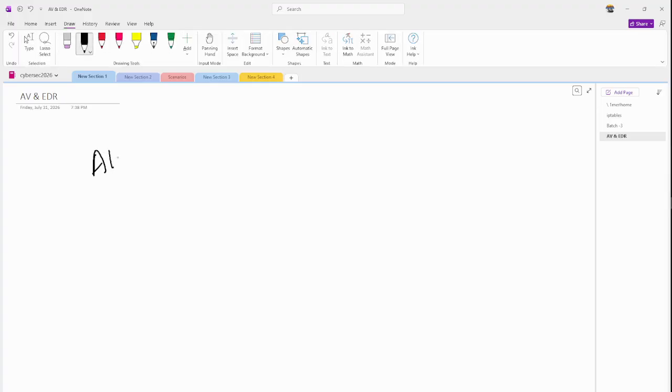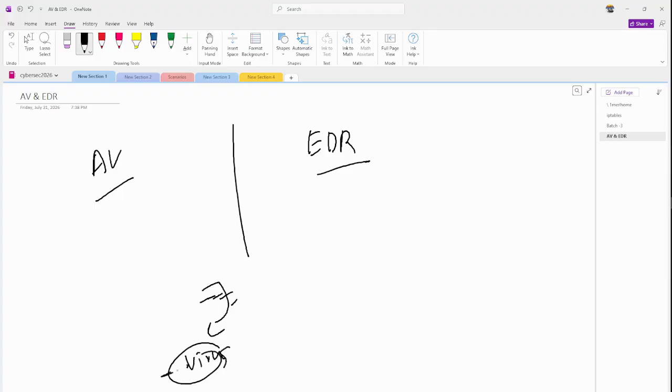Antivirus is already running here, scanning, detecting viruses, alerting, everything is happening. So why do I need EDR now?